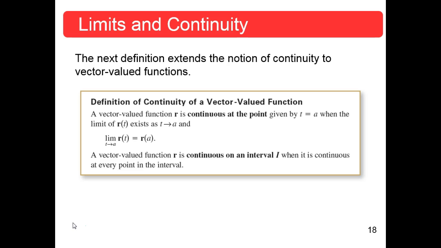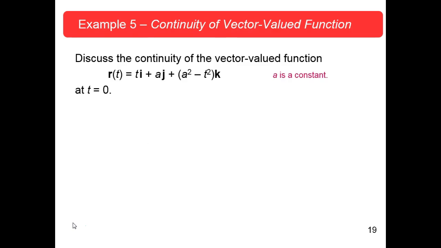That must be true. The vector valued function r is continuous on an open interval I when it's continuous at every point in that open interval I. Again, the interval I is of values for t, from t equal this to t equal that, that would be your interval I. Okay. Hopefully it's just what you would expect.